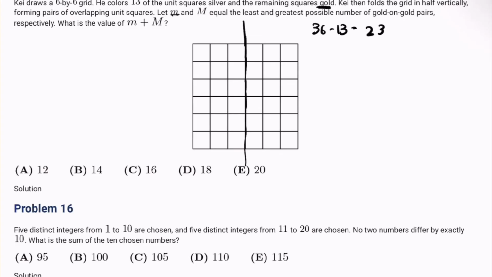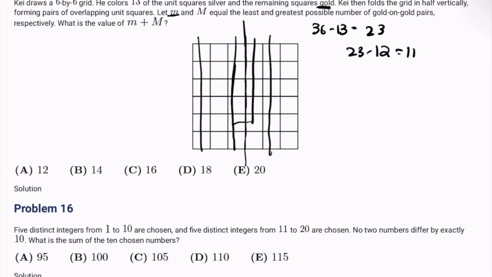To find little m, we can first color all of these and all of these, so none of them overlap. That's going to be subtracting 23 minus 12 equals 11. So there's going to be 11 squares left that we can use. Then we are forced to color all of these and all of these. This gives us 5 overlapping ones over here. That's 5. That's going to be the little m.